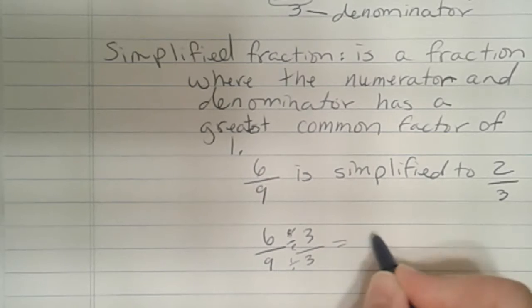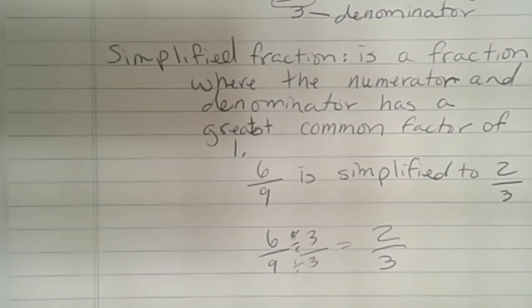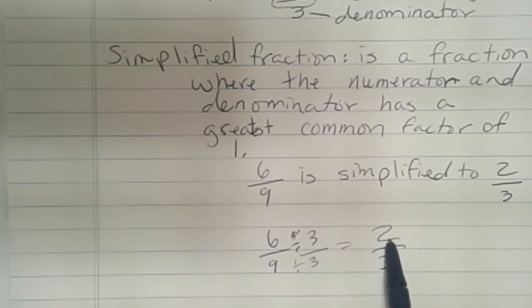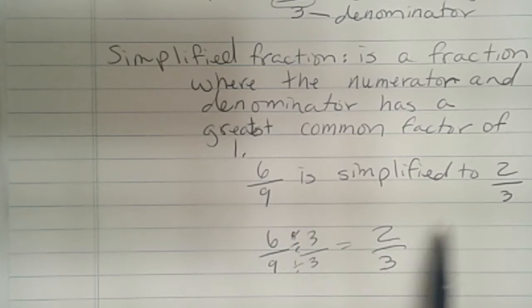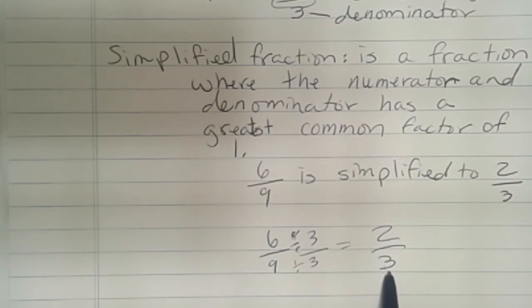And what do I get? 2/3. Do 2 and 3 have anything in common besides 1 as factors go? No, they don't. The factors of 2 are 1 and 2. The factors of 3 are 1 and 3. So therefore, we know that 6/9 reduces or simplifies to 2/3.